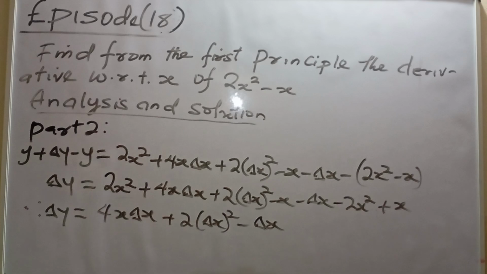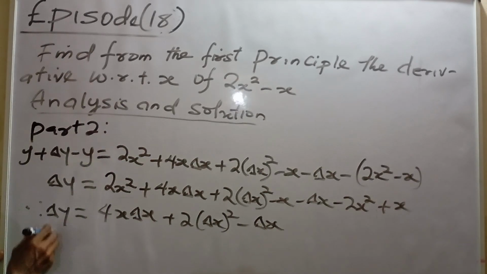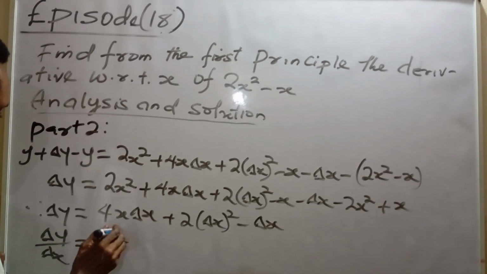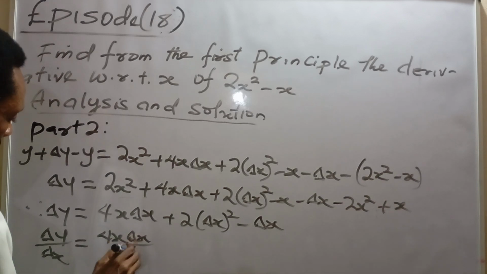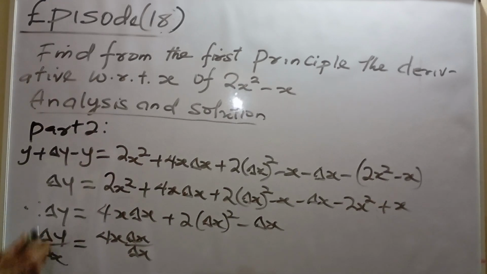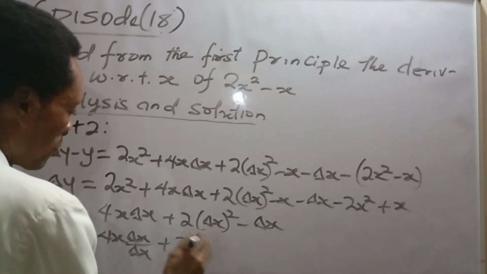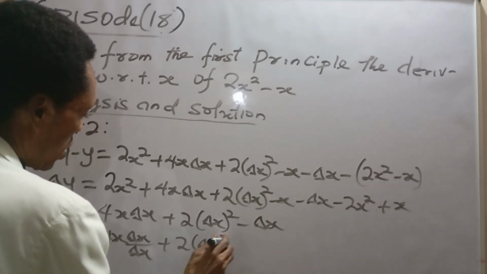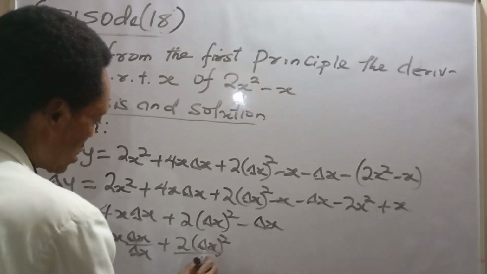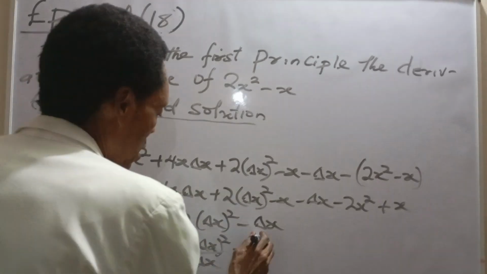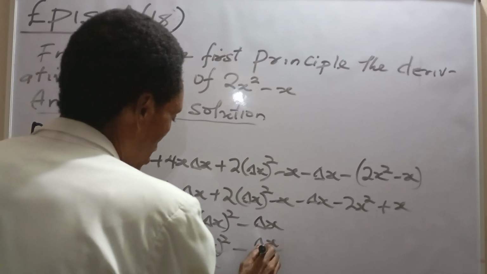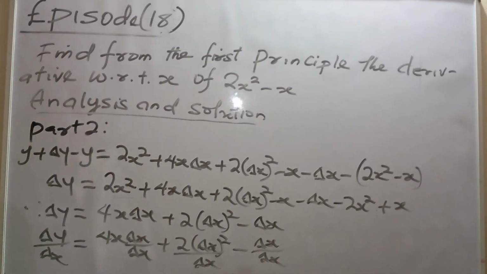Okay, so let's continue. So we can now say that delta y all over delta s equals, this is 4s delta s all over delta s. So it means that we are now using delta s to divide through, plus, this is 2 open bracket delta s squared all over delta s, then minus delta s all over delta s.